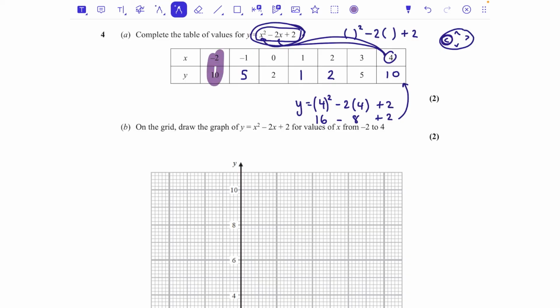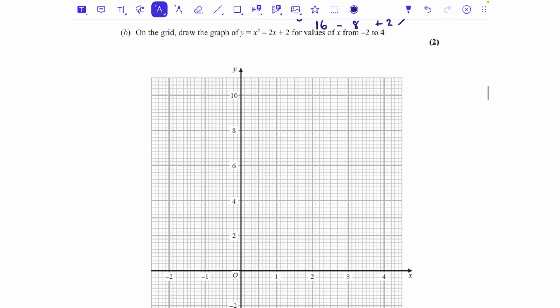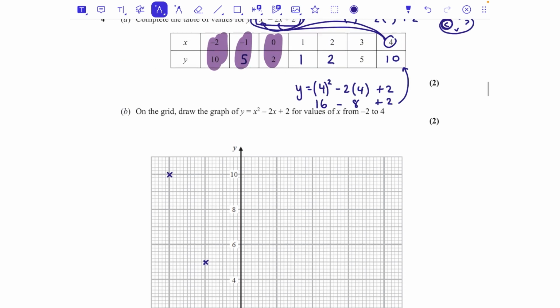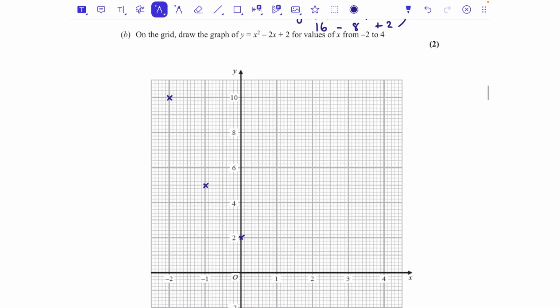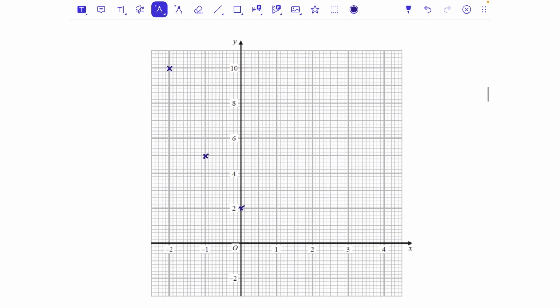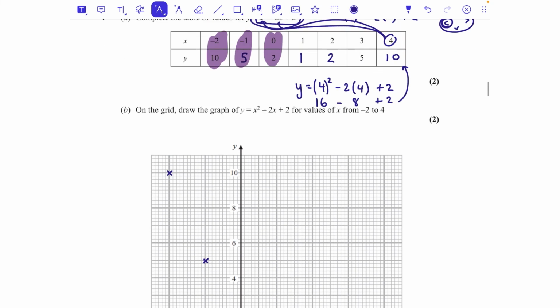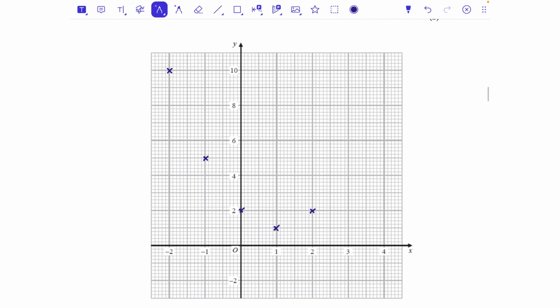So each of these is a coordinate that we're going to plot on the graph. So minus 2, 10 would be here, minus 1, 5 is going to be here, 0, 2, 1, 1, 2, 2, 3, 5, and 4, 10.